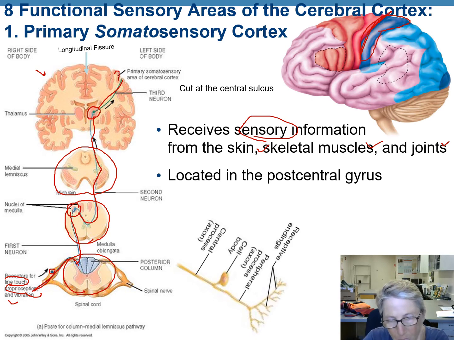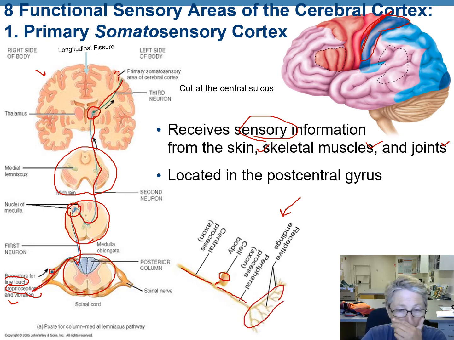And I stuck this cartoon in here because it shows a sensory neuron. Here's the cell body of the sensory neuron. Remember, it's unipolar because it has only one pole coming off its cell body, but then it has a central axon and a peripheral axon. These are the receptive endings out here.